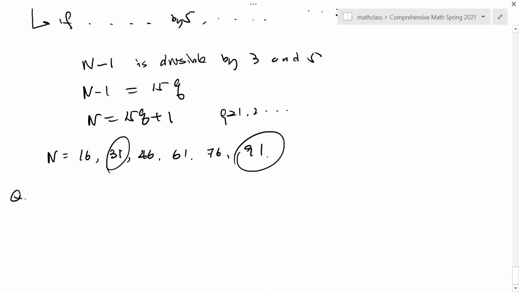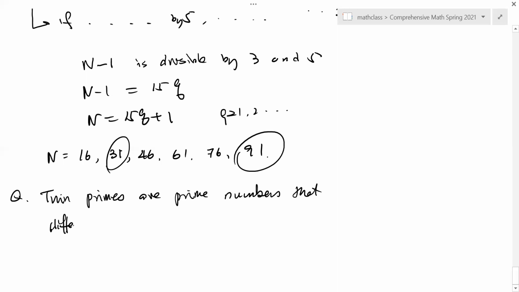All right, about the pair of numbers, we have twin primes. Twin primes are prime numbers that differ by 2, okay?